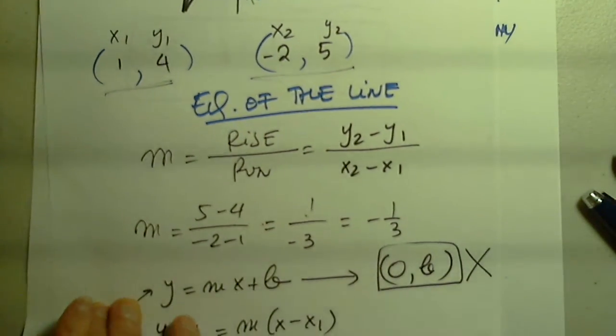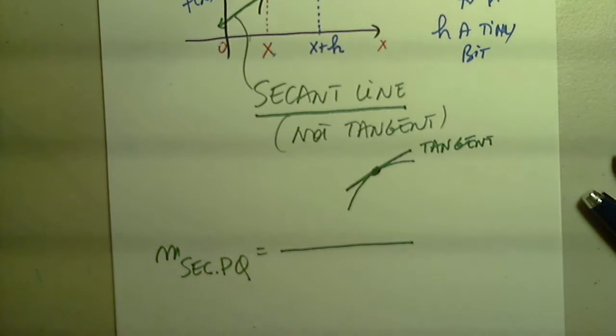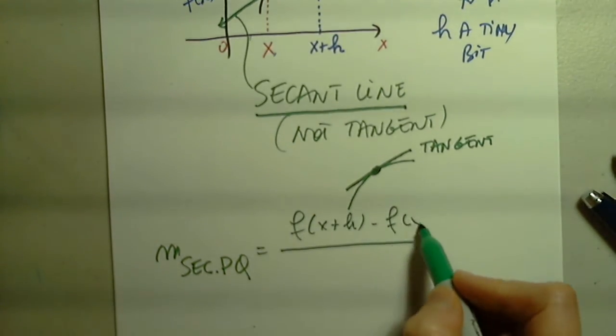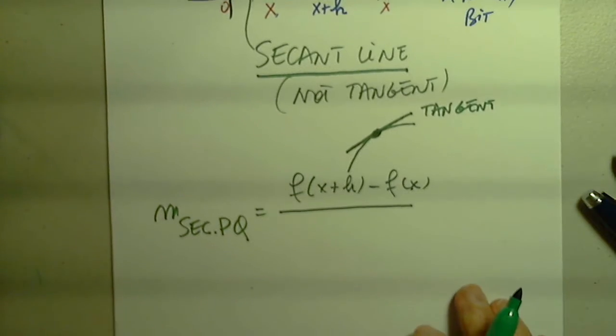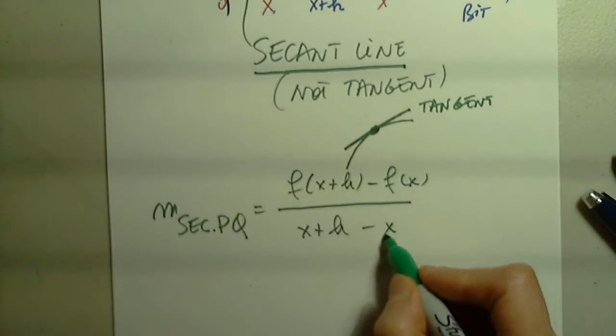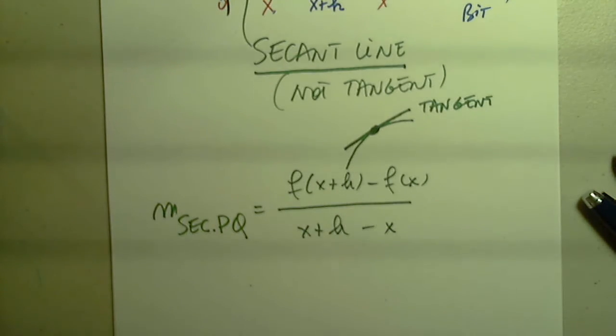So can anyone explain or dictate? So f of x plus h minus f of x over x plus h minus x. That's it. Done. Excellent.